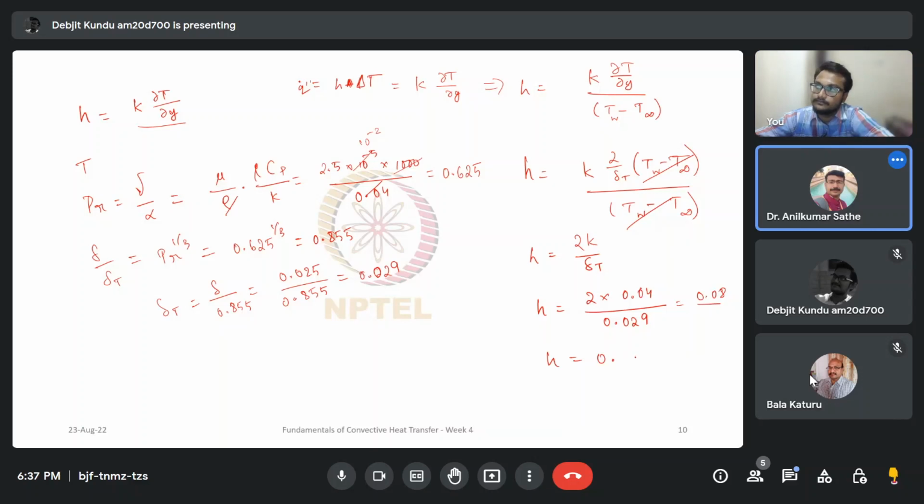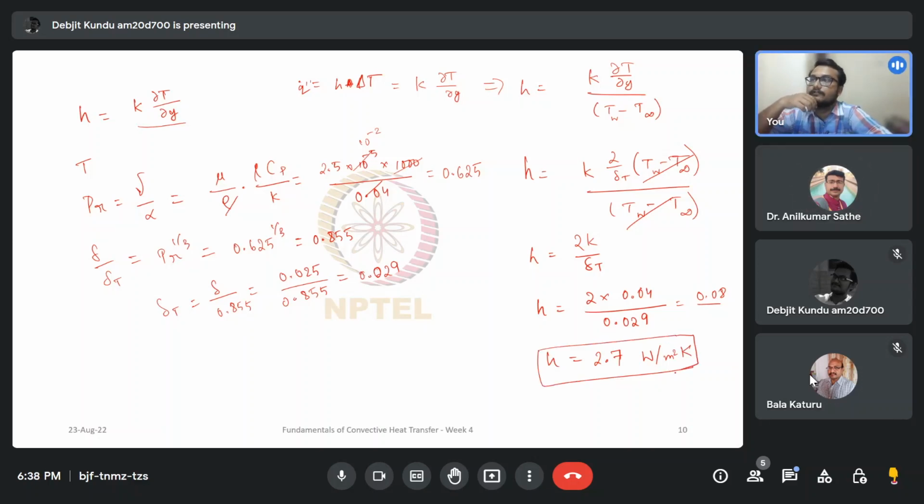So 2.75 something, in watt per meter square Kelvin.